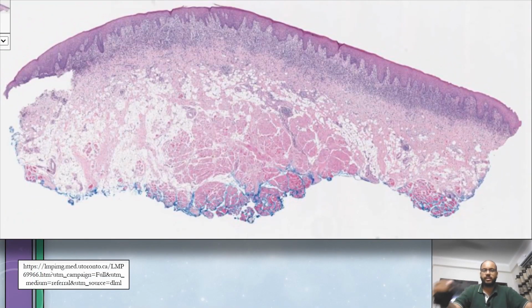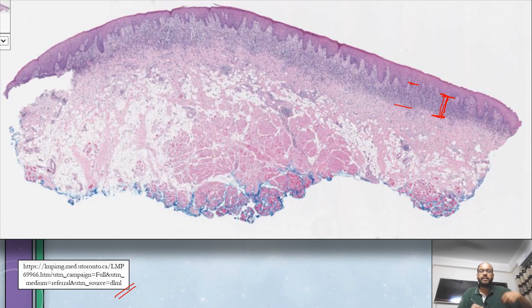So look at this picture, and you can actually see for yourself that this is the band that is formed. Look how it is like a band, like a layer extending from here to here at the junction of epidermis and dermis. I would highly suggest you go to this URL.